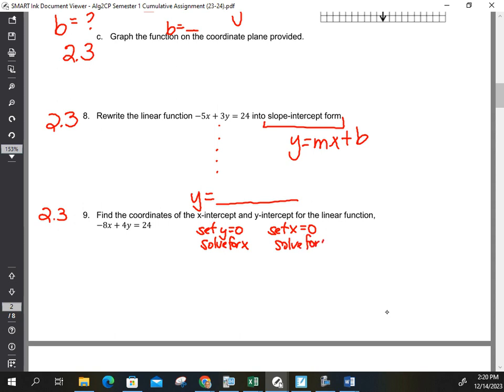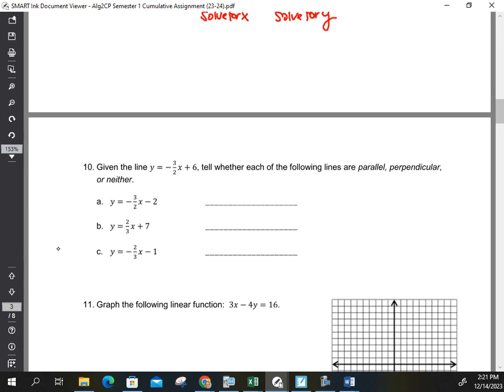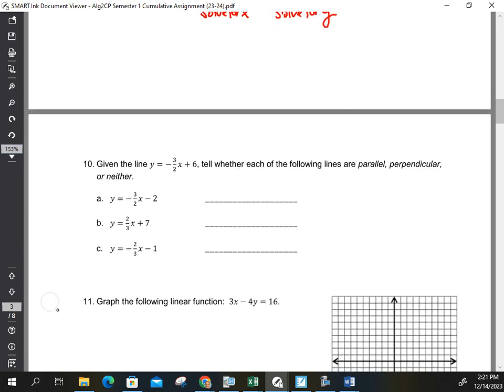Solve for y. And that will get you your x-intercept and your y-intercept. So let's move it on.